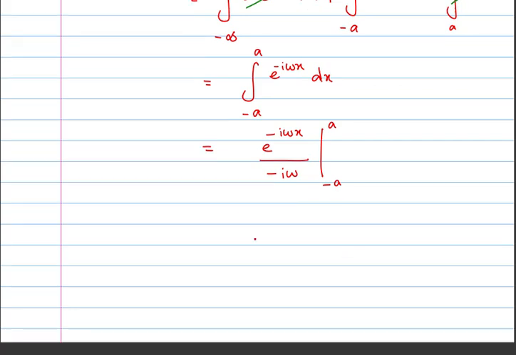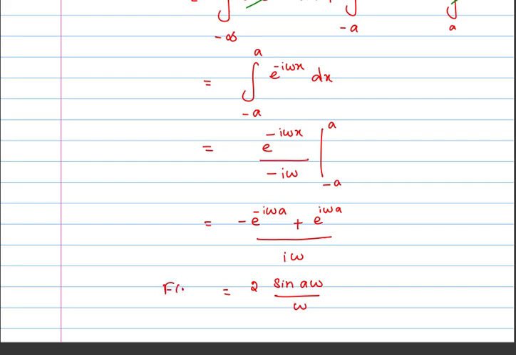This is equal to exponential of minus i omega a minus, plus exponential of plus i omega a, divided by i omega. So this is nothing but 2 times sin a omega divided by omega.